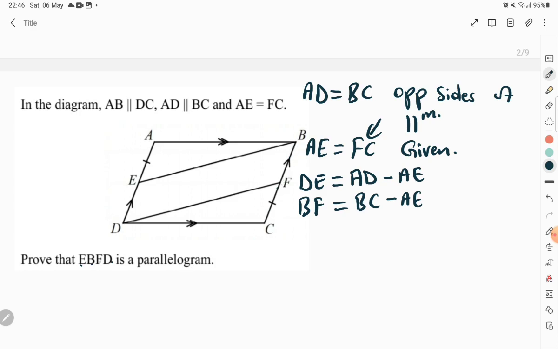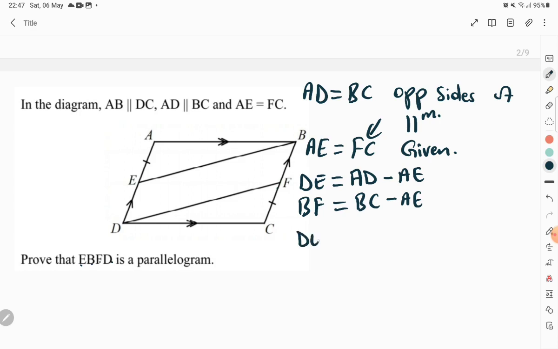So we can see that if we have DE equal to AD minus AE and BF equal to BC minus the very same thing, then DE is going to be equal to BF.